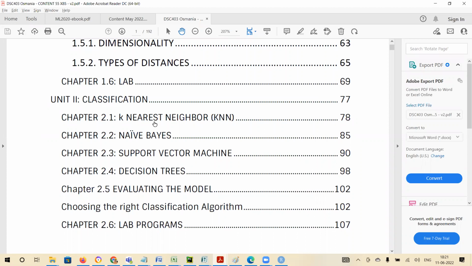What is naive Bayes? In naive Bayes, we are trying to find the probability of an outcome based on the characteristics. Let's say, for example, we have fruits.